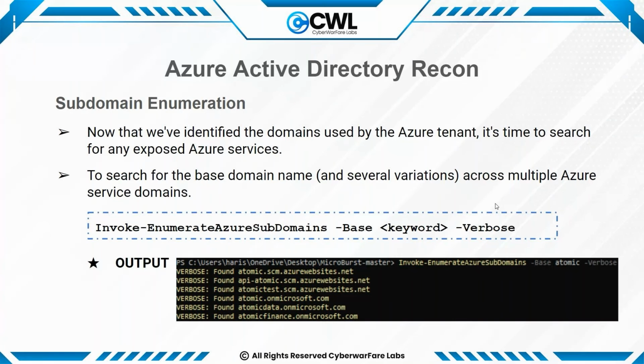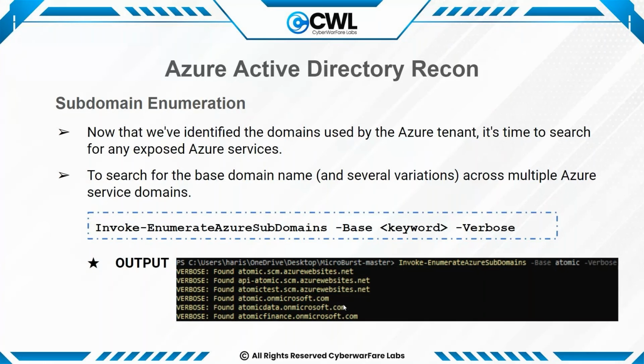With the dash verbose parameter, the command will output detailed information about each step it takes, such as DNS queries made, subdomains found, any errors encountered, any other thing as well. This can help in mapping the domain space of an organization, identifying the potential targets for further investigation, and assessing the security posture for an organization's online assets.